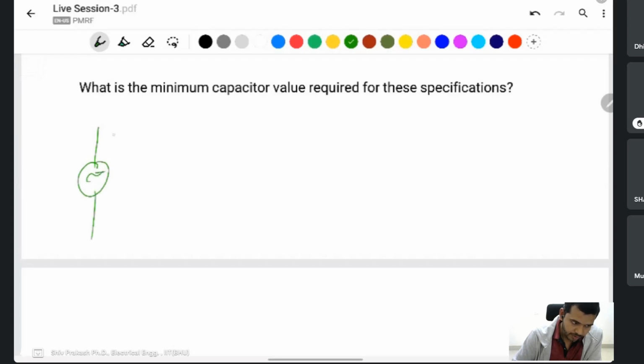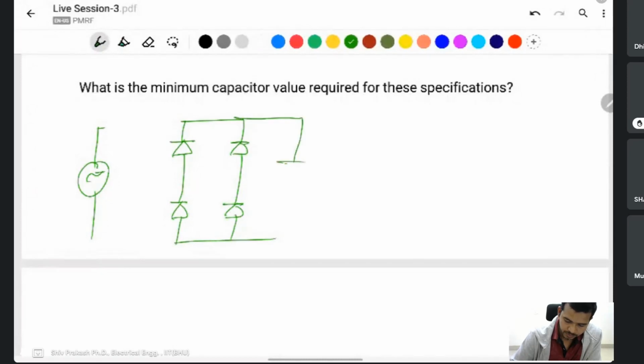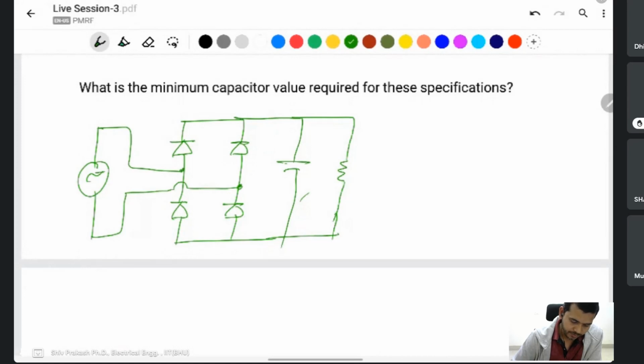This one is AC. This is a filter capacitor for keeping the output voltage constant, to reduce the ripple of the output voltage.